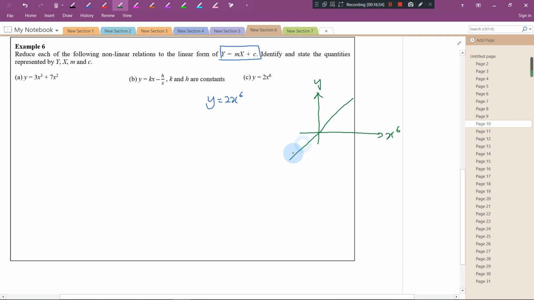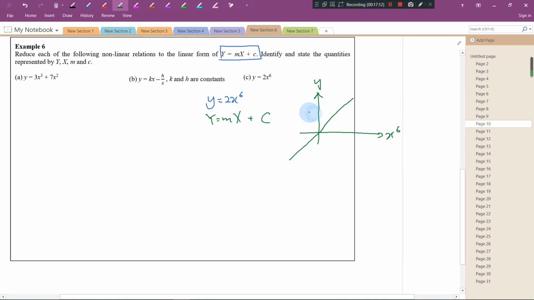Something like this. Okay, why? Because this is y equal to mx plus c. The c is 0, the gradient is 2, and the y-axis is y, the x-axis is x power 6.